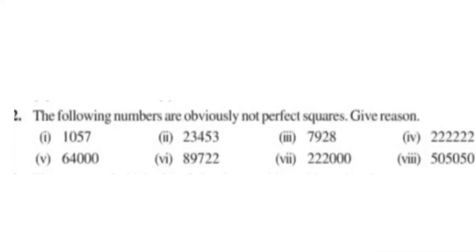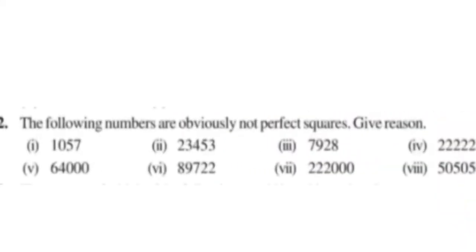Before that, scholars, remember one thing: the squares of numbers may end with any one of the digits 0, 1, 5, 6, 9. And also a perfect square has an even number of zeros at the end of it.